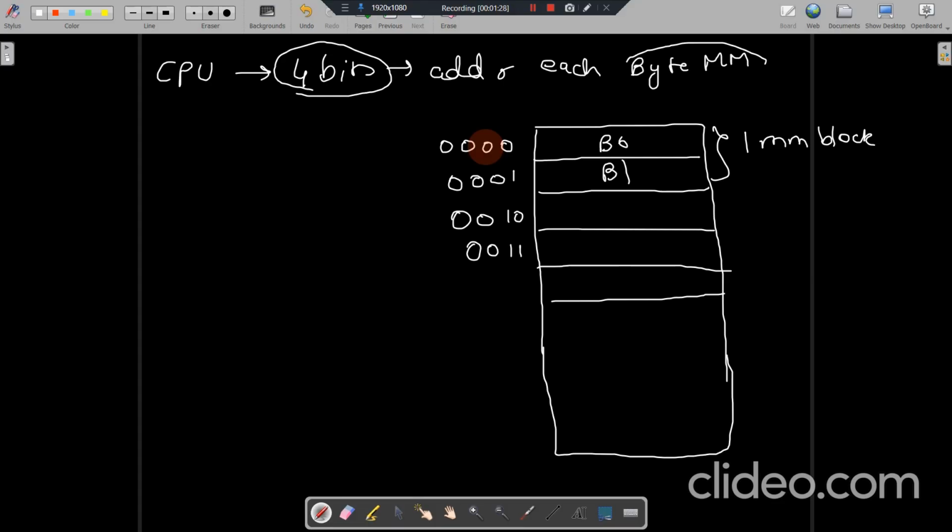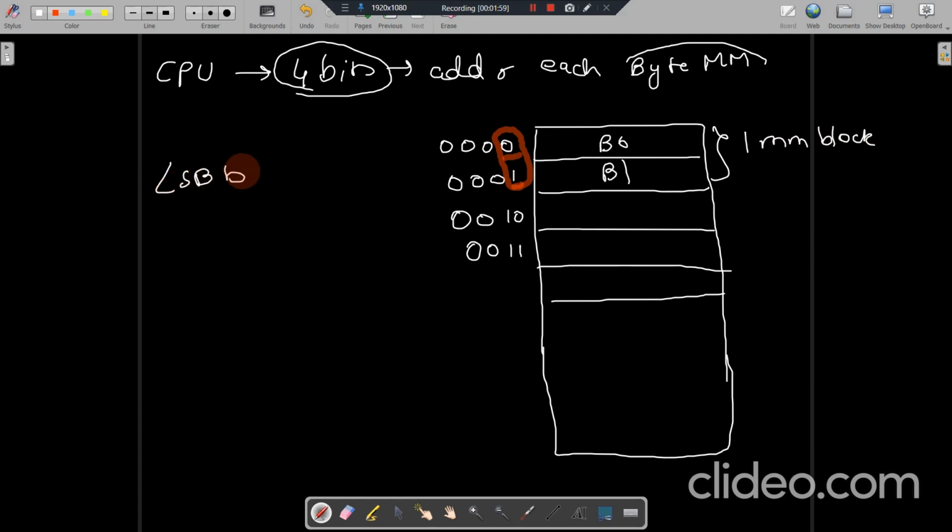How many bits do you require for representing 2 distinct values? Only 1 bit, right? From 1 bit we can represent 2 distinct values. That means this last LSB bit we can use for representing which byte number inside this one main memory block.